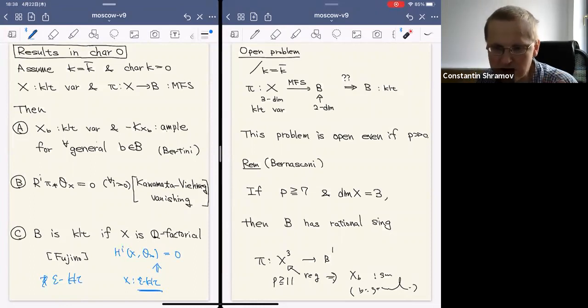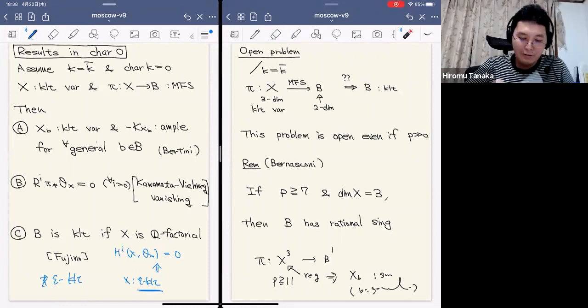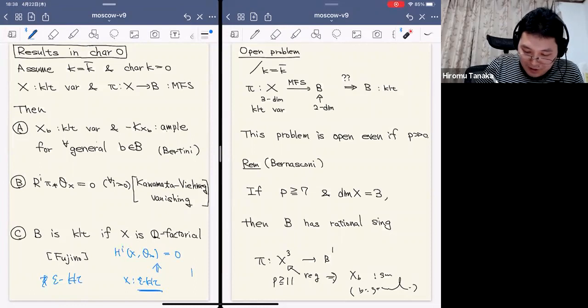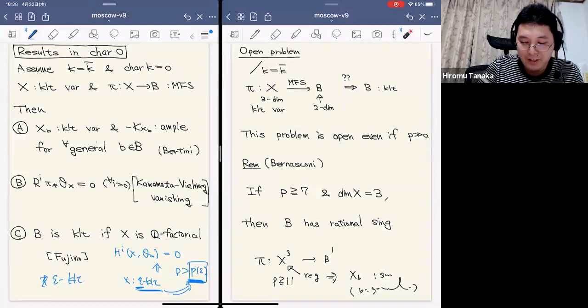So every KLT singularity is epsilon-KLT for some epsilon, right? Yes, but what I want to say is that P being big depends on epsilon. So we fix epsilon, then depending on that we can find the lower bound for P, and the dimension is also fixed.